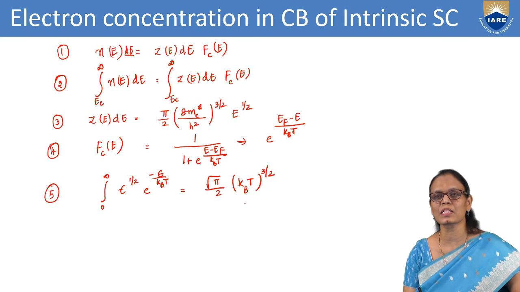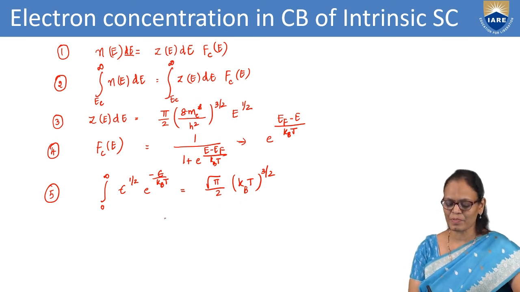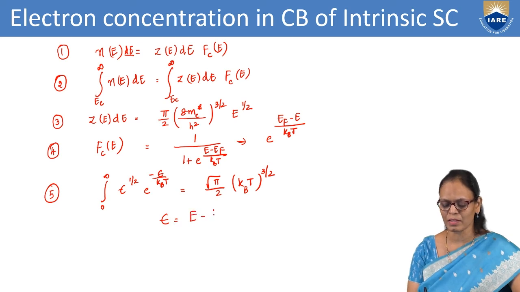You will have to use this relation. Here epsilon is equal to E minus EC, so this changes the limits for epsilon from 0 to infinity. On substituting, you get this integral value.